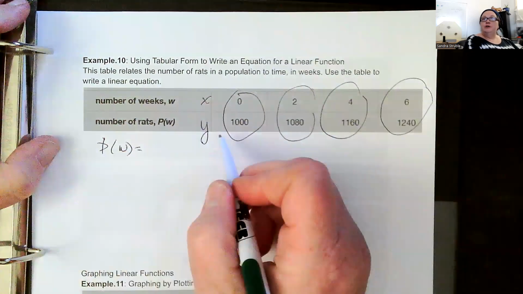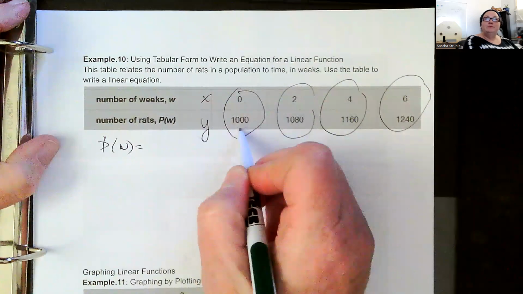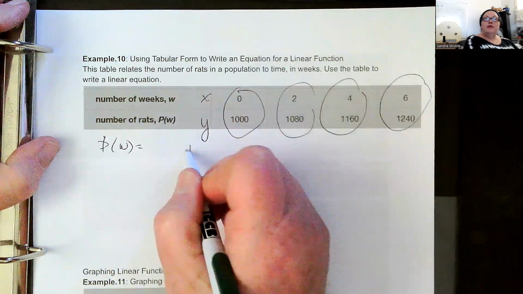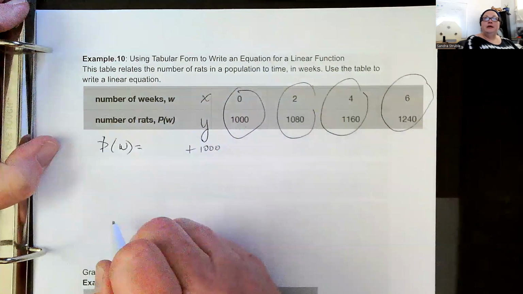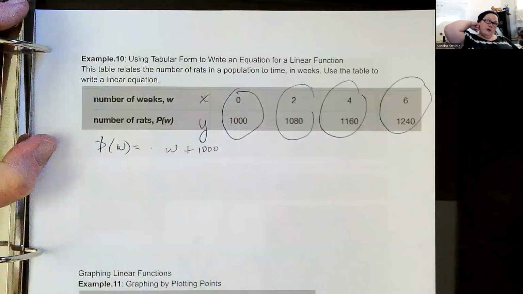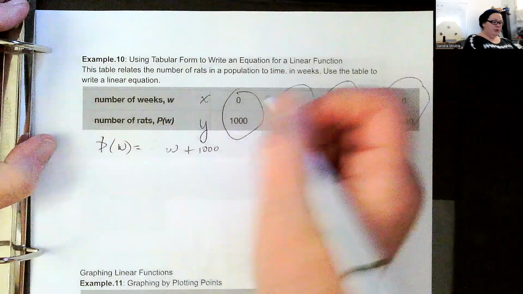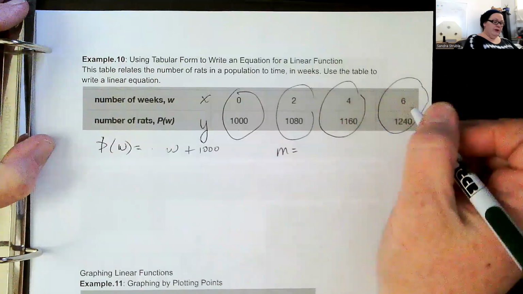We know the initial value, it's 1,000, because when x is 0, that is your y-intercept. All right, so plus 1,000, we've already got our b. Now we just need to know what the coefficient, our slope is, our rate of change for this. So that's just m is equal to, and we've got points, what?